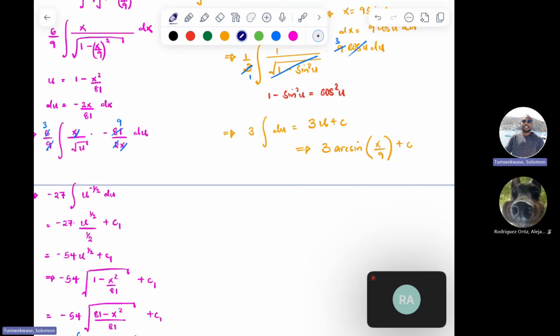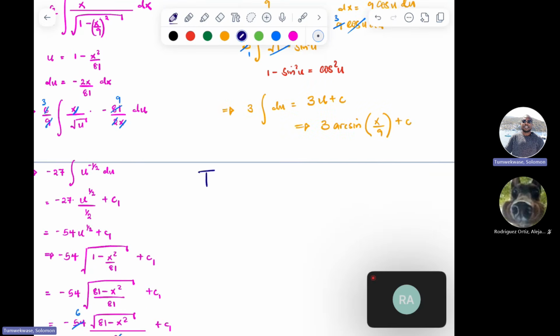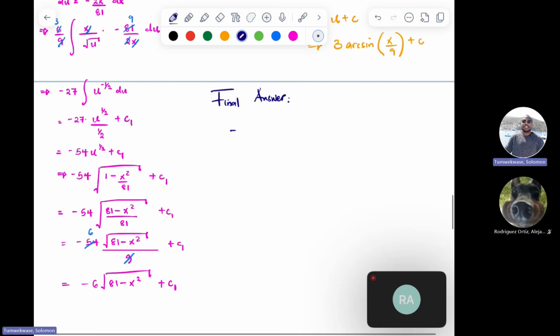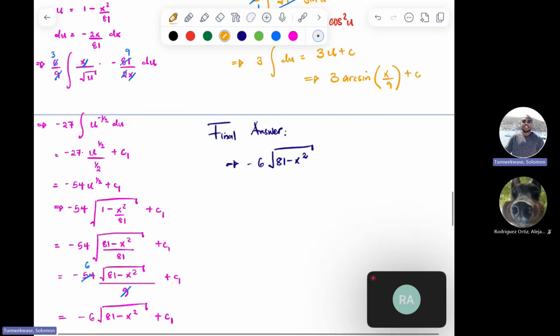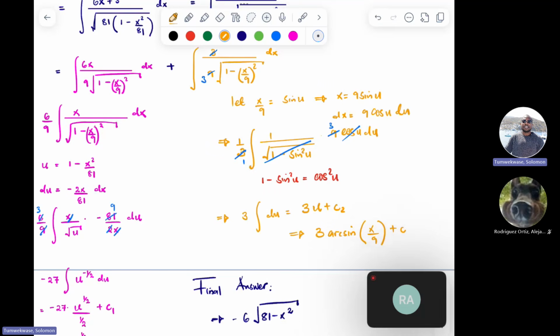And finally, my final answer. Remember we separated the integrals, so I add them again. So my final answer is negative 6 square root of 81 minus x squared plus c1. Let me call this other constant c2.